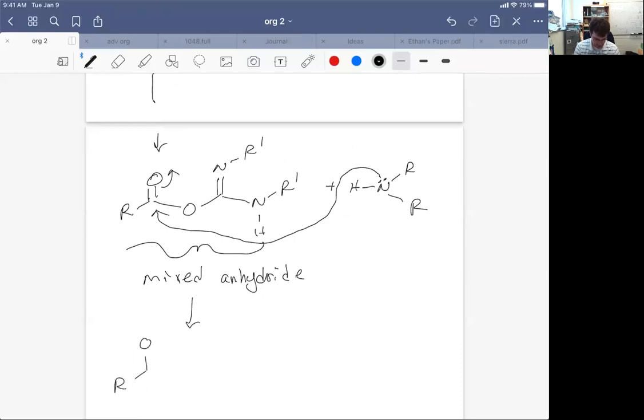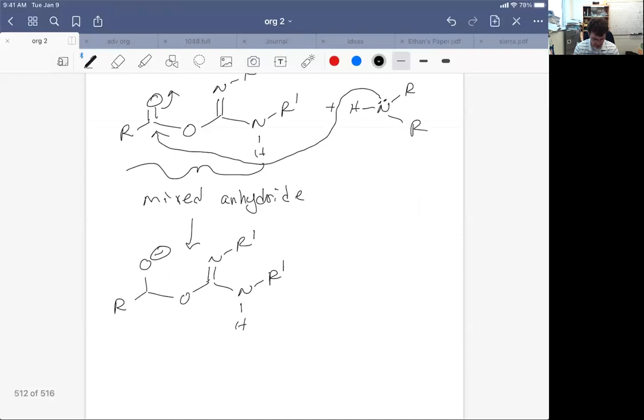That's going to form a tetrahedral intermediate. Now, the series of events that follow require a proton transfer and a neutralization of the oxygen negative charge. It's hard to know for sure what the order of events is, but the nitrogen has adducted and we have a neutral species. It seems likely to me that what we would want to do is, well, let's count this now. 1, 2, 3, 4, 5, 6. It's 6 atoms away.